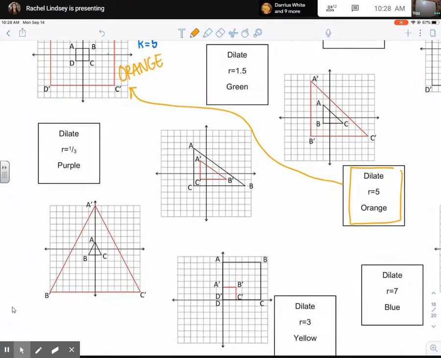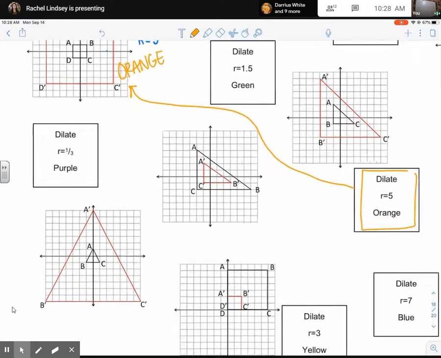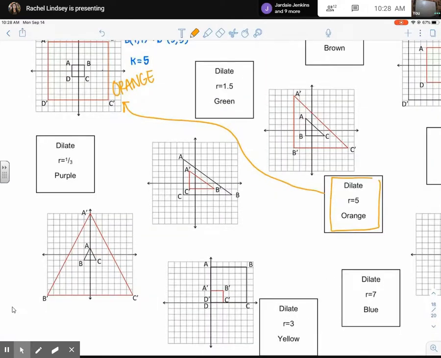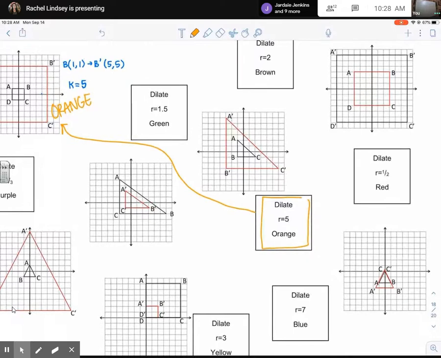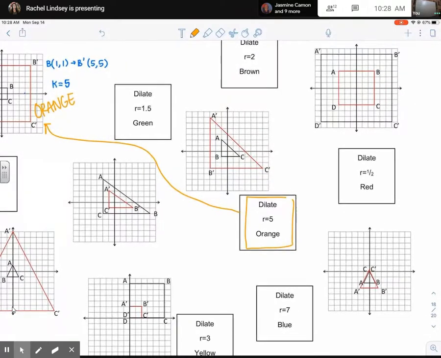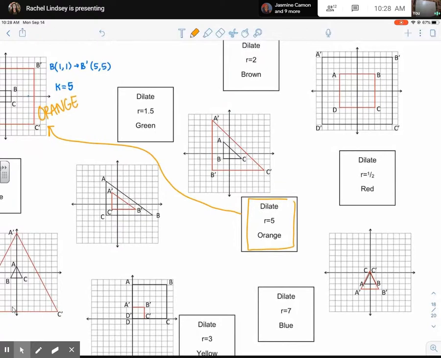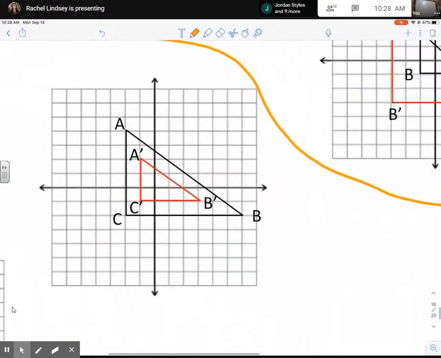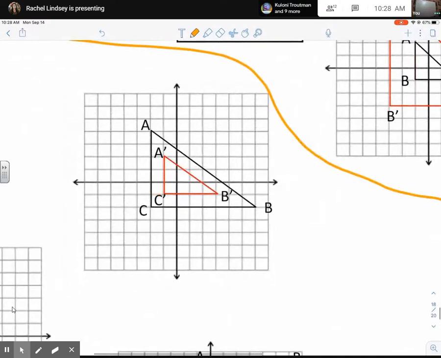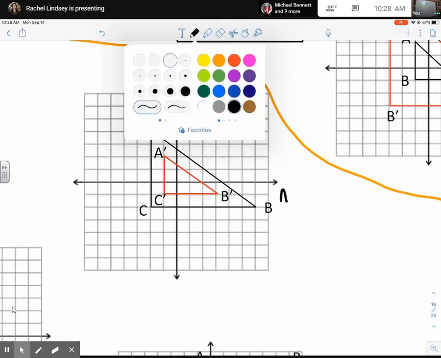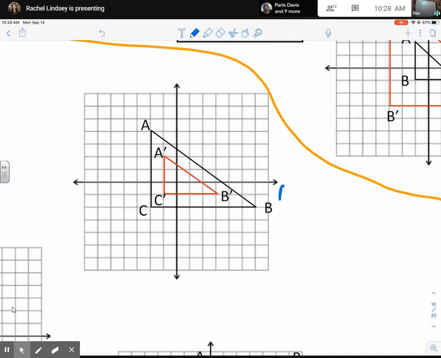Okay. Then you could look at, let's see, what is this one? Okay. If I look at A and A prime, A starts off at -2, 4, and A prime ends up at -1, 2.